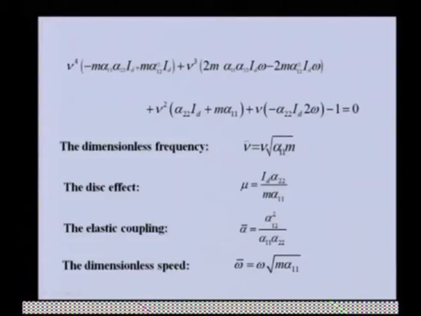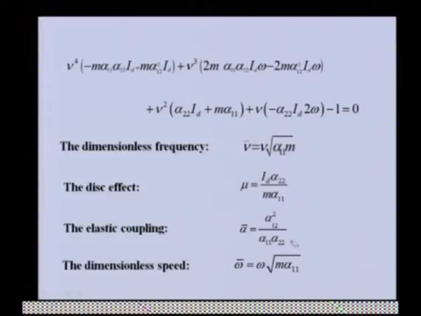So, we will define some non-dimensional parameters, like dimensionless frequency nu bar as nu times square root of alpha 1 1 m, the disk effect like this, and the elastic coupling between the linear motion and the angular motion, that is translatory motion and angular motion, like this. Then the dimensionless speed I am defining like this.